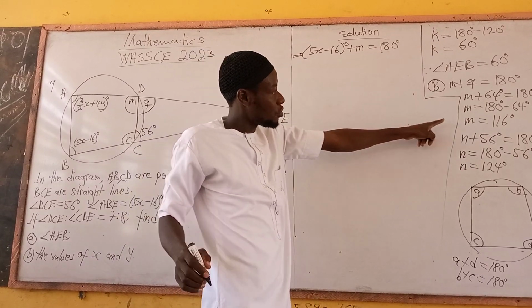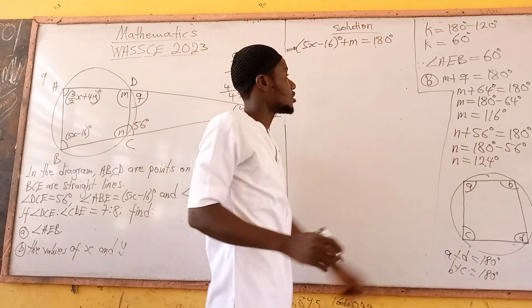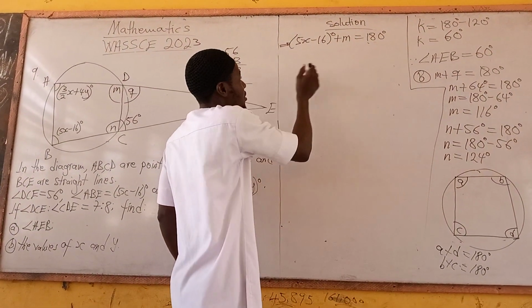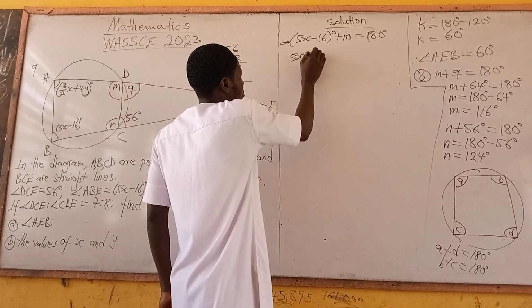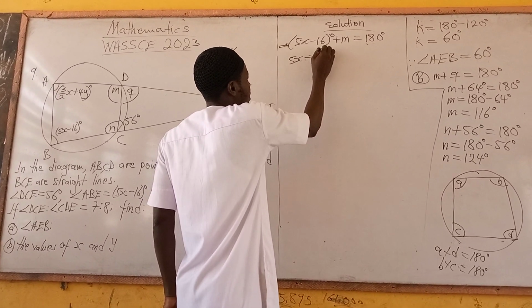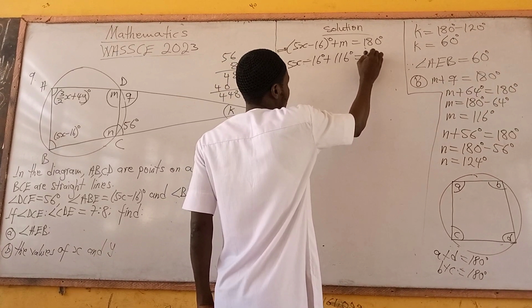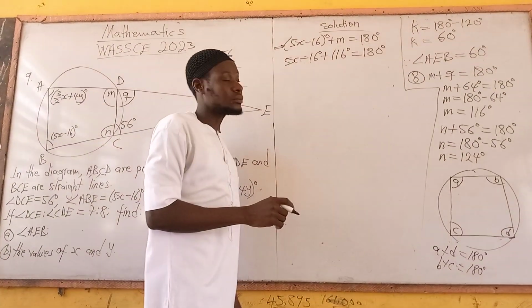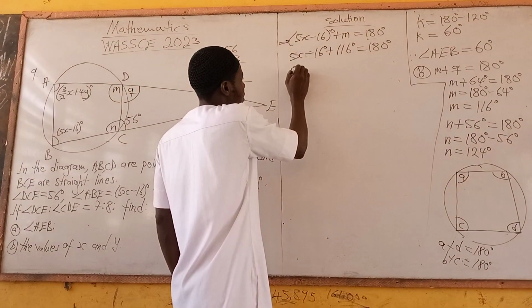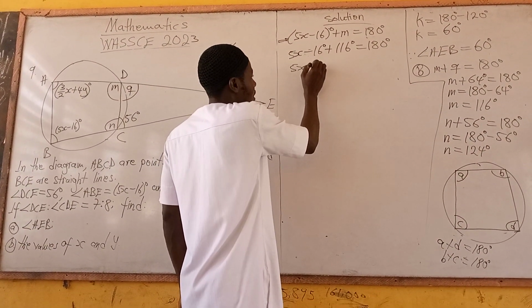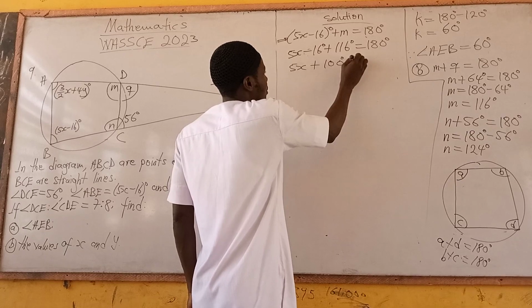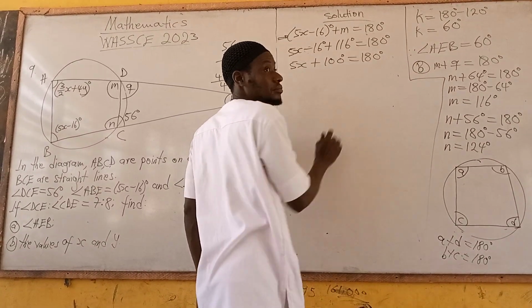But we have found our M to be 116 degrees. So in place of M, put 116 degrees. So we have 5x minus 16 degrees plus 116 degrees is equal to 180 degrees. So you have 5x, and this plus that will give us 100 degrees, is equal to 180 degrees.